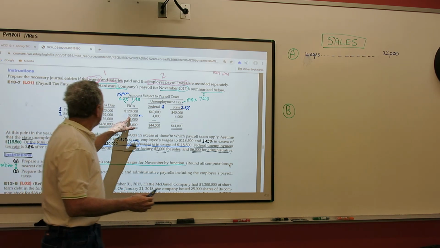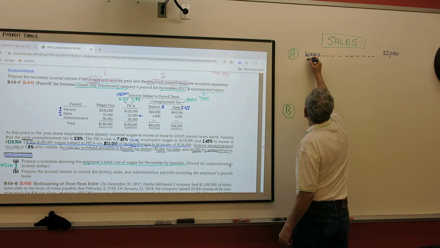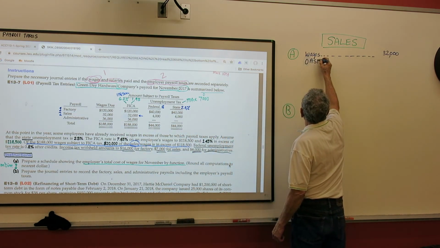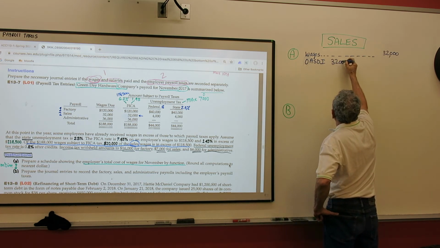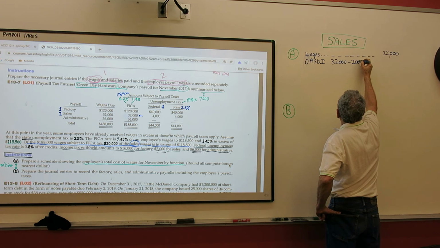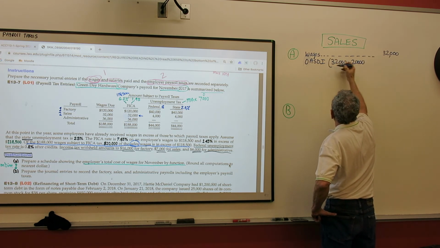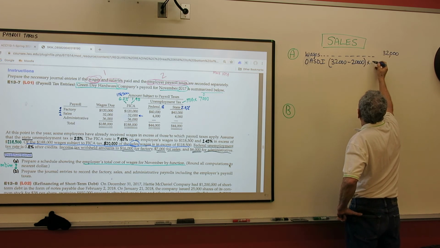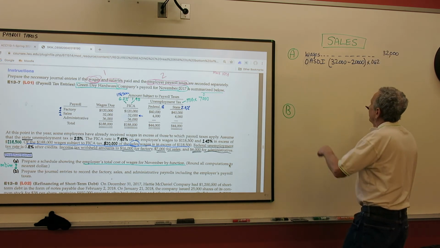So how do we do it over there? We'll do OASDI, and how about we do it this way? There was 32,000 in wages, but they said 20,000 had already gone past the $118,000 threshold. We'll take that times 0.062, and that will give us how much OASDI there is.